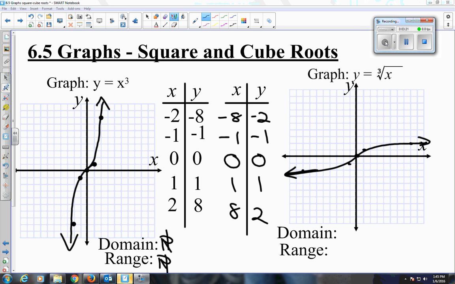And I look at the domain of that. Is there any x value that doesn't work? No. Any y value that doesn't work? No. So my domain and range would again be all real numbers. The cube and the cube roots are kind of nice that way. My domain and range always work. They're all real numbers.